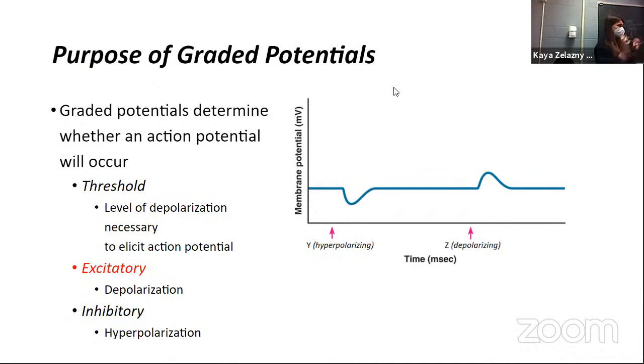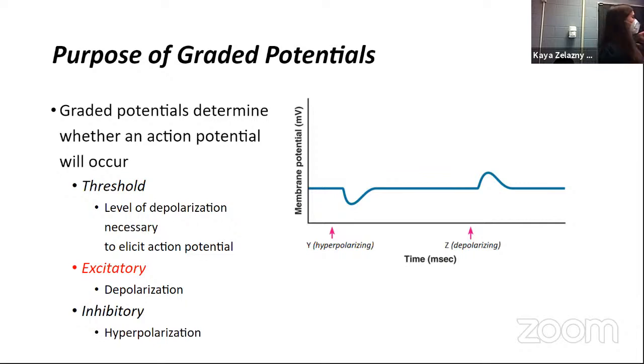So these graded potentials respond locally to stimuli. The reason we care about them is because we're trying to figure out whether we want this neuron to signal, whether we want to go tell other nerves in our chain of nerves to fire and to do something.